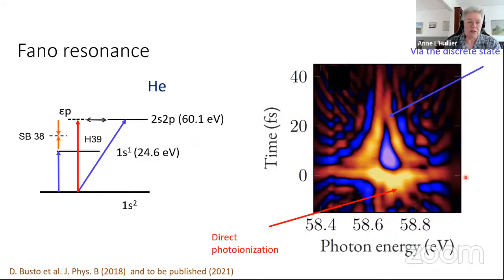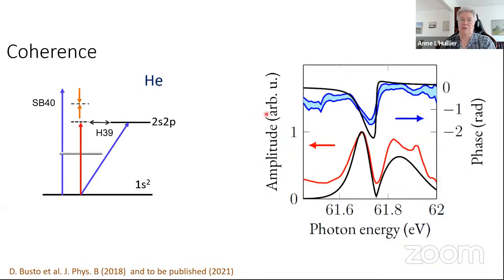We can look at this process also by looking at sideband 40. Let me just show you this result as a teaser, showing you where we are going and what we are doing at the moment. So what happens when we look not at sideband 38, but 40, this is what we get.